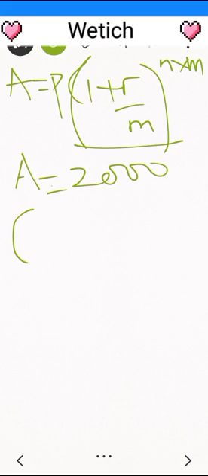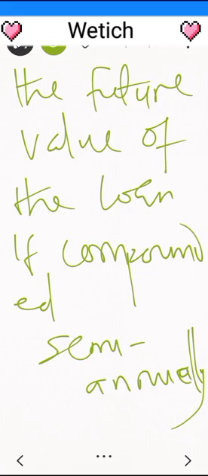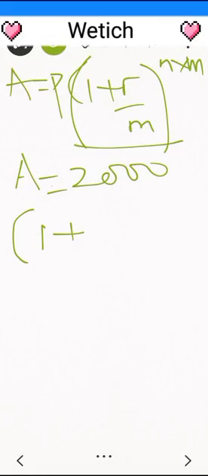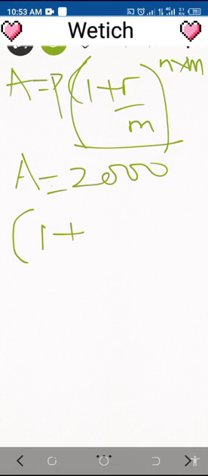Let's solve for the bracket. Now what do we have? We have 1 plus R, where R is the rate, and the rate is 2.5%. And what I told you before is that you must convert the 2.5% to a decimal fraction. Let me practically show you how to do that.